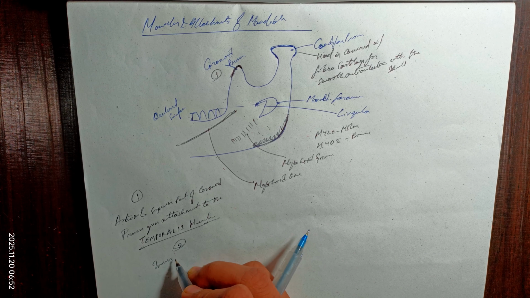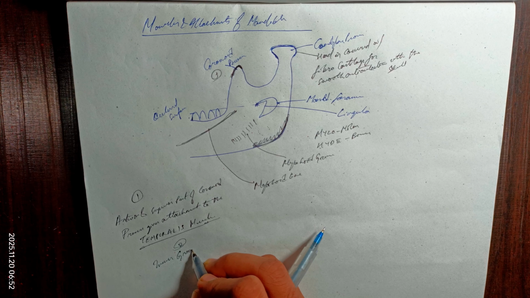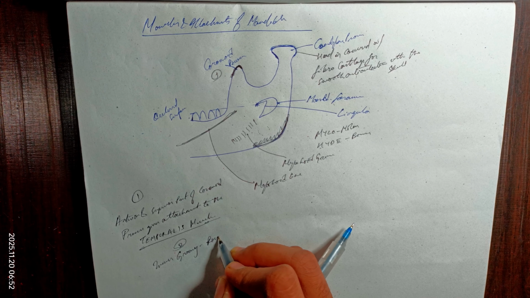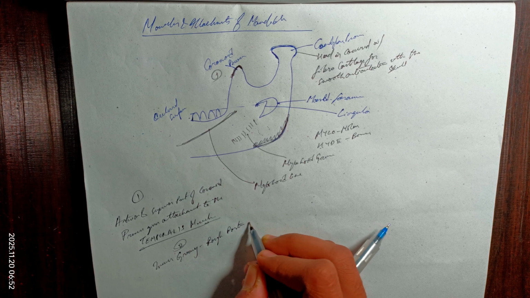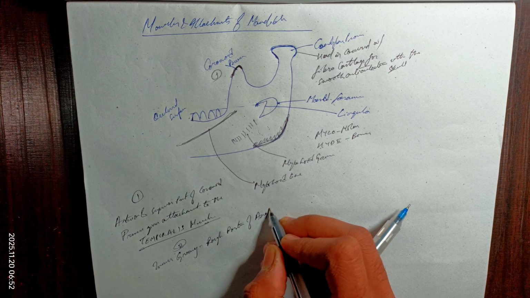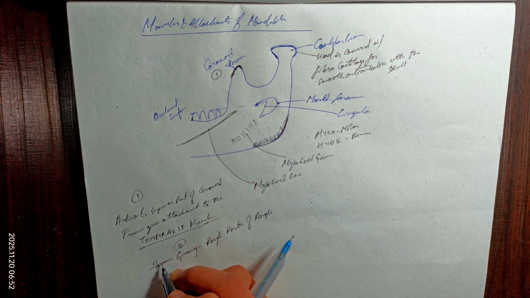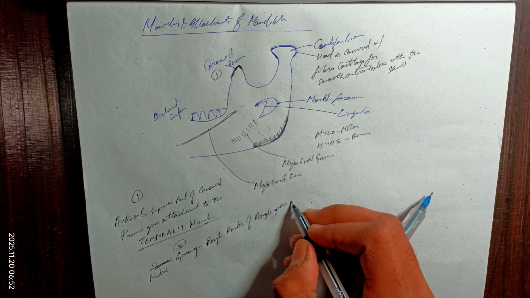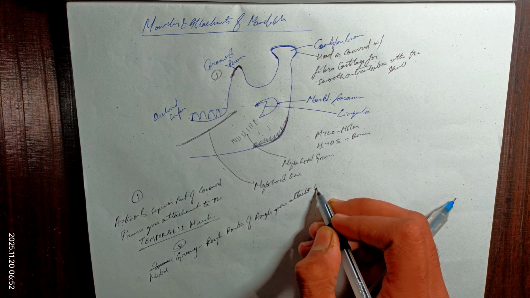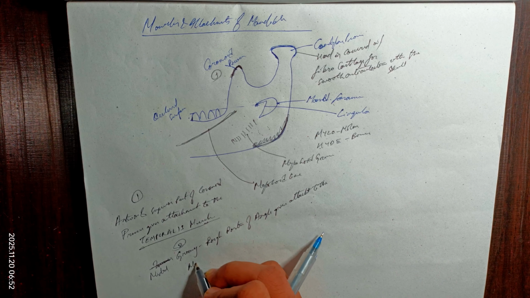The rough portion of the angle, inner or medial, gives attachment to the medial pterygoid muscle. Medial pterygoid muscle.